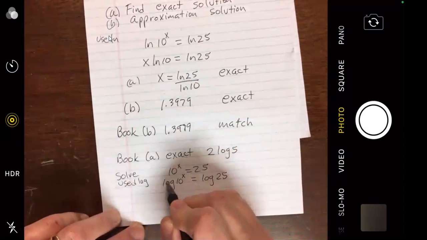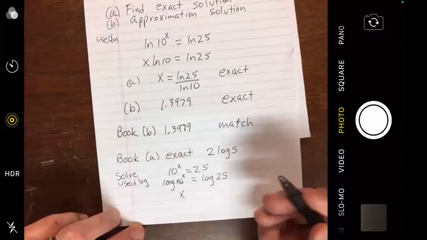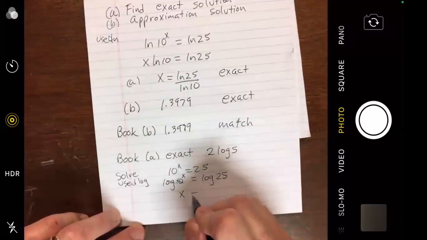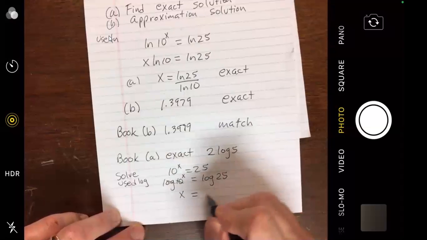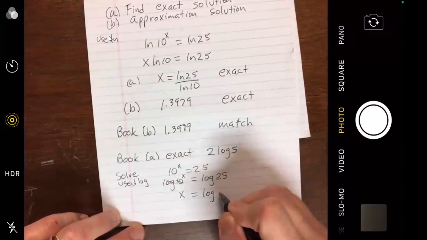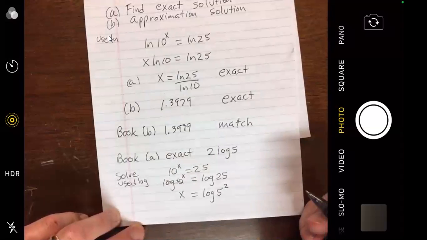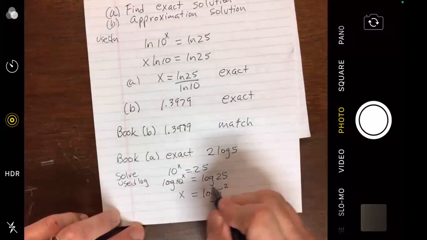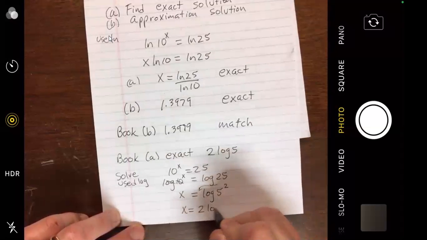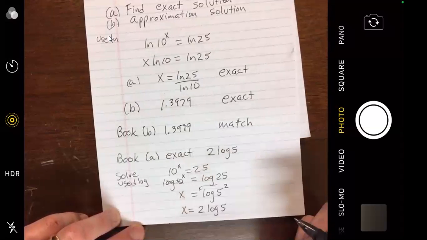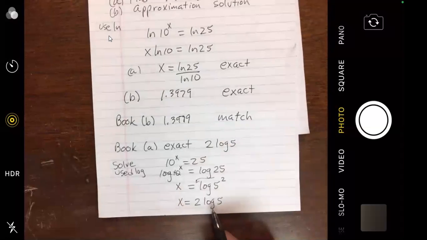The log and 10, they do match, which is why they used it. And then they got log of 25. Well, you can write 25 as 5 squared. And then you can bring the 2 to the front, and you wind up with 2 log 5. So there is a different version of their exact answer, different from this.